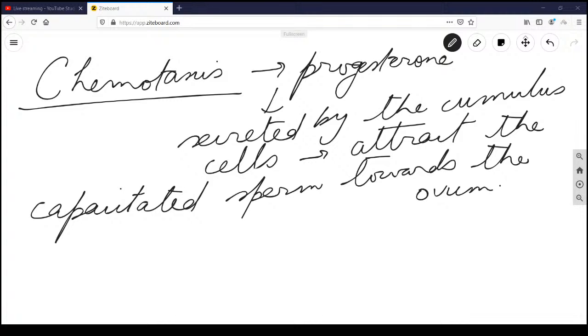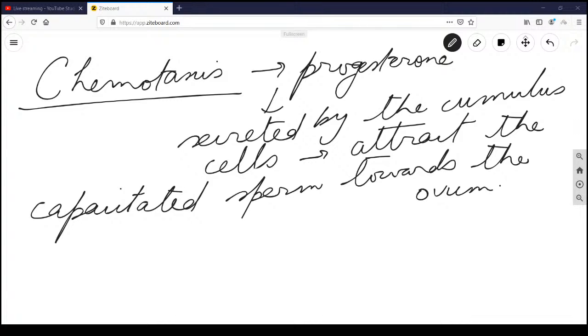Because when HCO3 minus ions are coming in, they will increase the sperm pH, cause it to be more and more alkaline. And that will lead to phosphorylation, activation of cAMP and all. So then the sperm becomes completely ready to go for fertilization. So that is the thing.